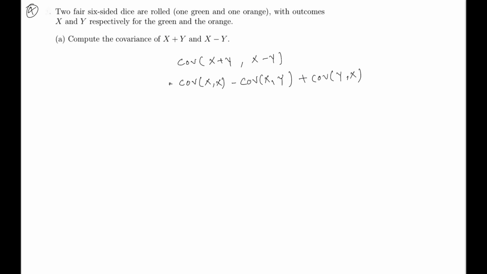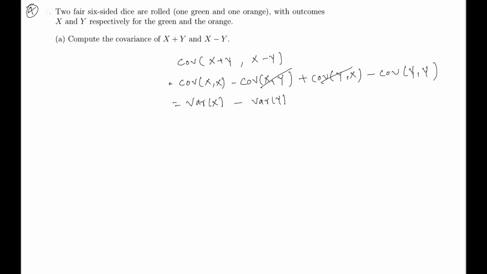Then covariance between y and minus y, that is minus times the covariance between y and y. So these two will get cancelled, right? Because if you find the covariance between x and y or y and x, it is the same, right? So these two will get cancelled. Now what is this? Covariance with itself is nothing but the variance of this random variable x minus the variance of this random variable y.